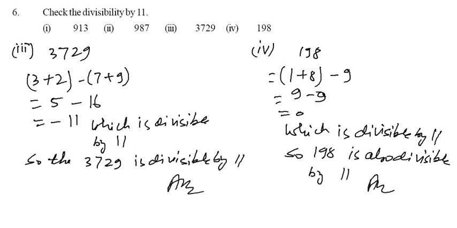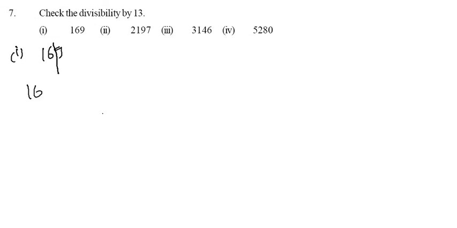Let us see the next one, that is checking the divisibility of 13. How can we check the divisibility by 13? Let us see. The first question is 169. It is divided into two parts. The first part is 16 and the second is 4 times 9, so 36, and we add the 36 here.